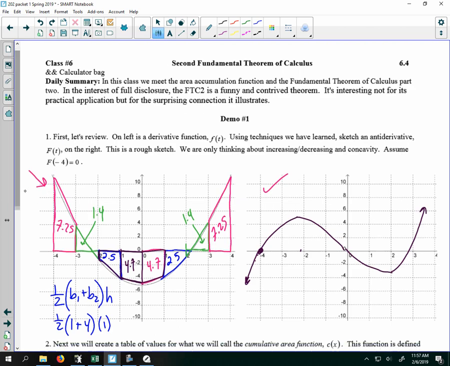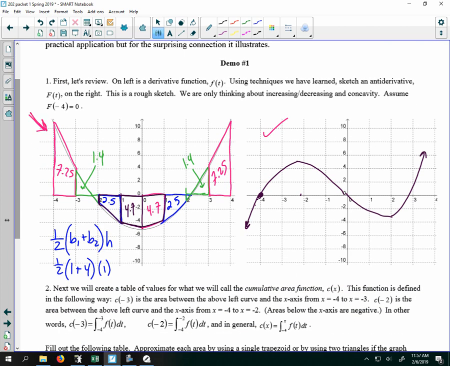So I go back to f of t, my original graph, little f, and I need to calculate the area between -2 and 1. So here's -2, here's 1, so I need this area. I can get that area by adding up the areas I've already labeled: 4.7 plus 4.7 plus 2.5 is 11.9.